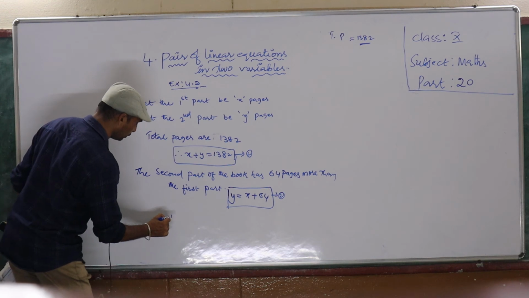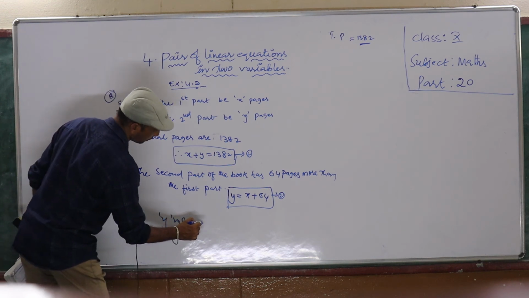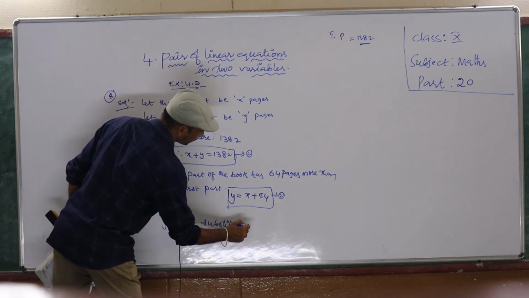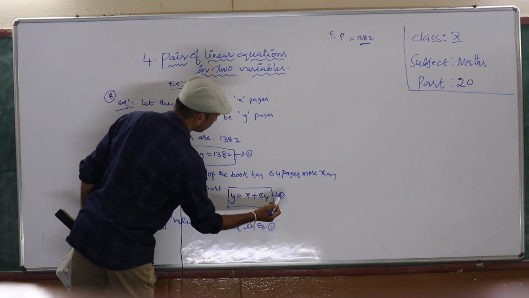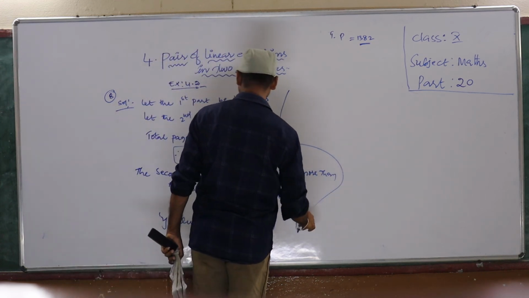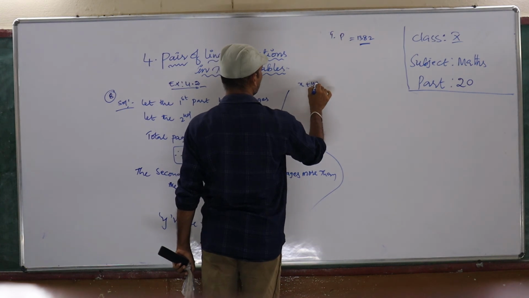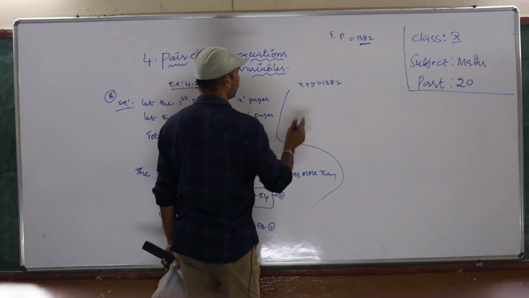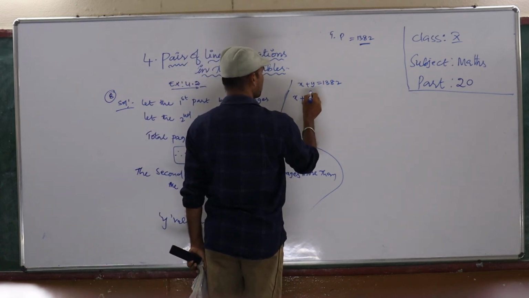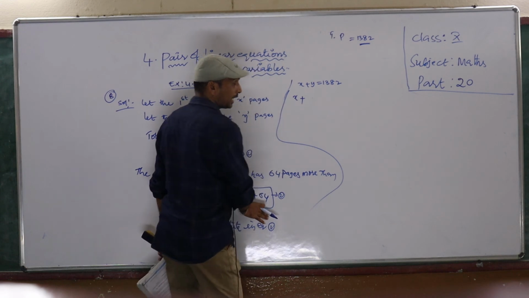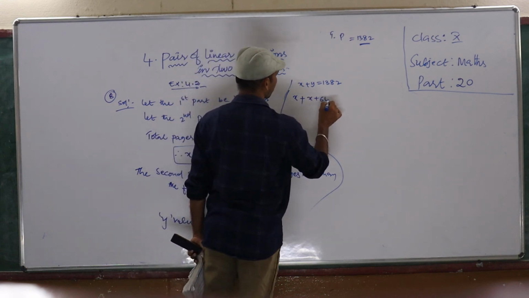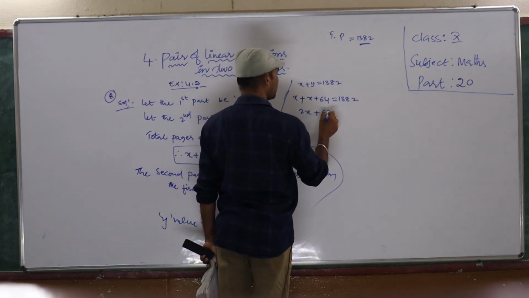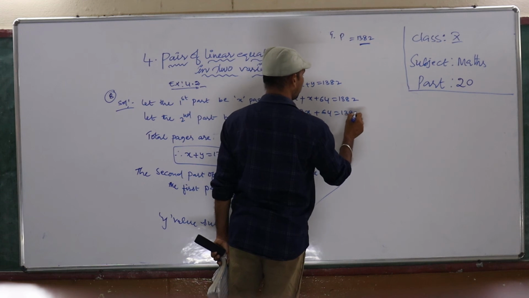Then the y value, substitute in equation number 1. So what is the first equation? x plus y is equal to 1382. Then y value is x plus 64. So x plus, again y is nothing but x plus 64, equals 1382. 2x plus 64 is equal to 1382.